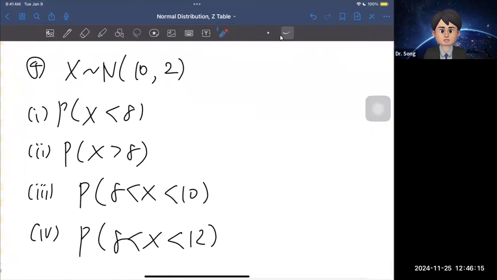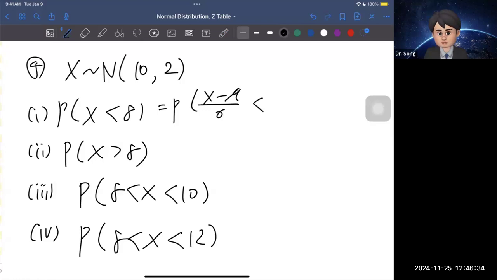Now question number 4, this is not the standard normal anymore. X follows a normal distribution with mean equals 10 and standard deviation 2. The first question asks you to calculate the probability X is less than 8. What you need to do is standardize: probability of X minus mu over sigma is less than 8 minus mu over sigma.